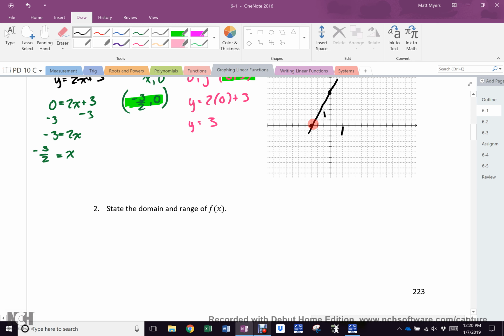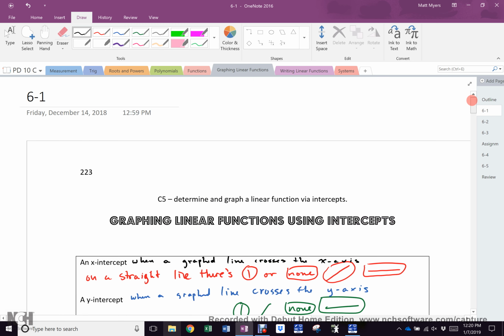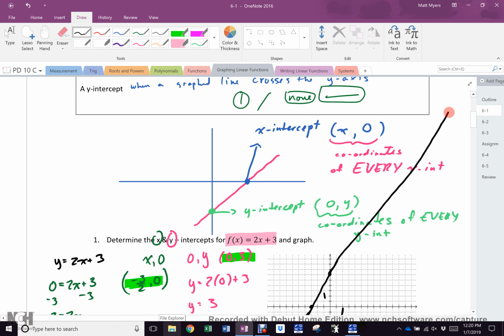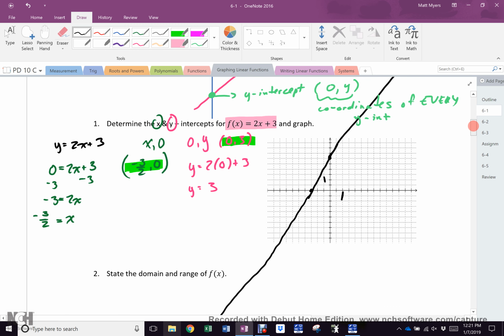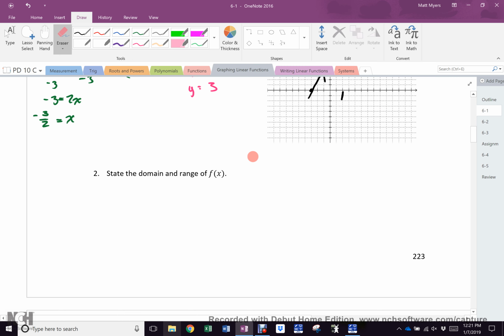How long will this line go this way? How long will this line go this way? So what is the x values? All real numbers. How long will the y's go? Infinite. X is a set of real numbers. Y is a set of real numbers.